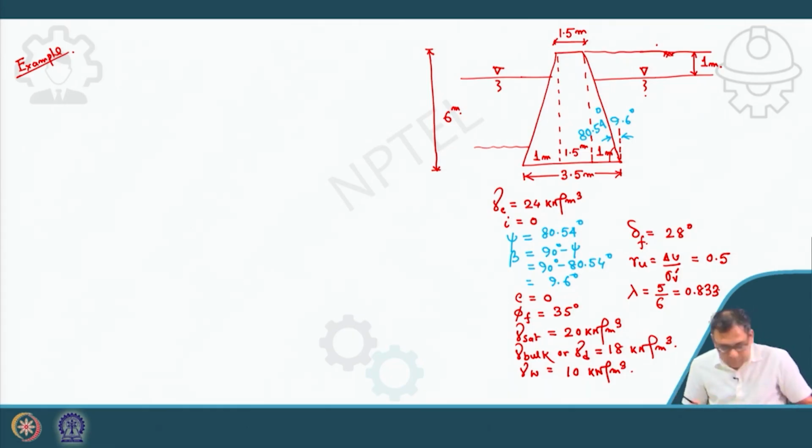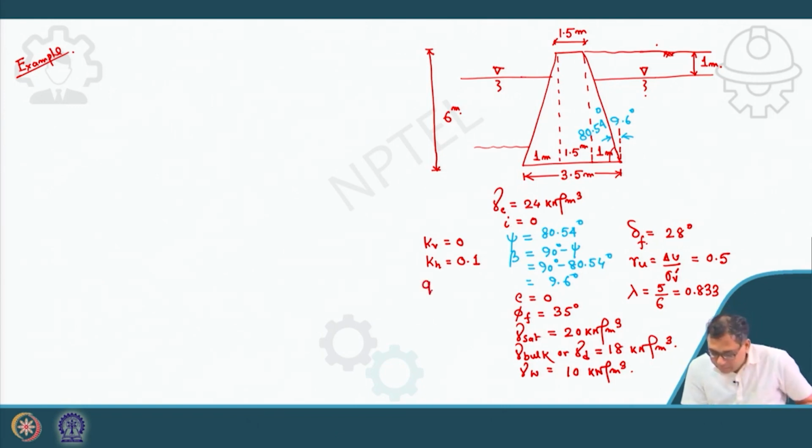Clear? Now your Kv value is given, Kv is 0. That means the vertical component of the seismic force is not taken, and Kh is equal to 0.1. Later on I will check whether that 0.1 we can apply or not.